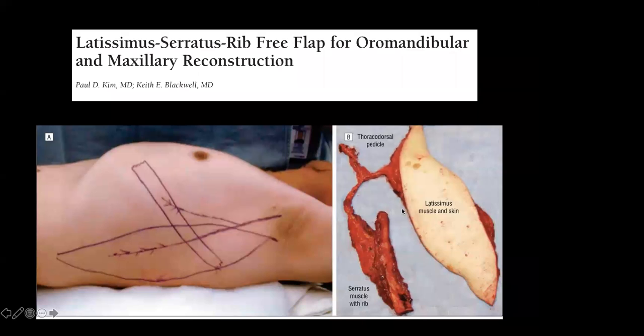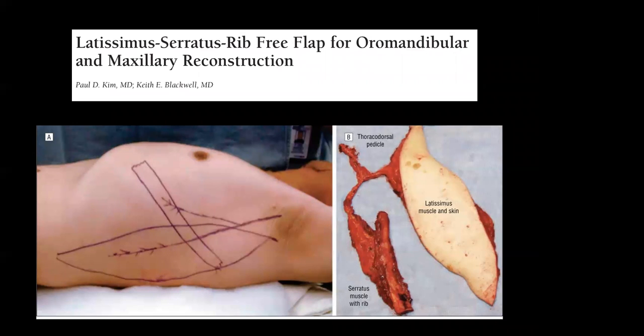So, in cases where you need a widely separated skin paddle and a bone segment, you can take the thoracodorsal artery, use its two branches, that is the one going to the latissimus dorsi and one going to the serratus with rib. You can use widely separated branches for mandibular reconstruction. But you must remember that this doesn't bear too much of the load, so dentation is an issue. But these are growing bones, so if you're planning for a growth center transfer, a serratus muscle with rib is good in pediatric patients.